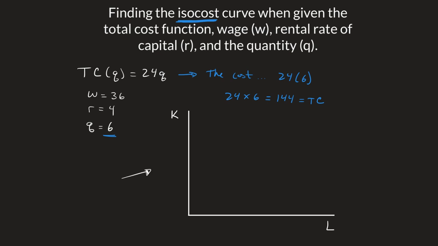What I mean by that is if L equals 0, how much K will cost me 144? Again, I'm getting the 144 from here by plugging in my Q of 6 into my total cost function. 6 times 24 is going to be 144.